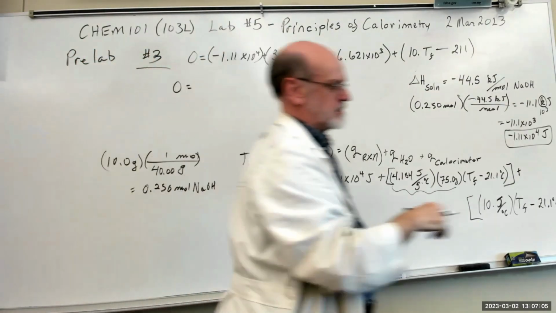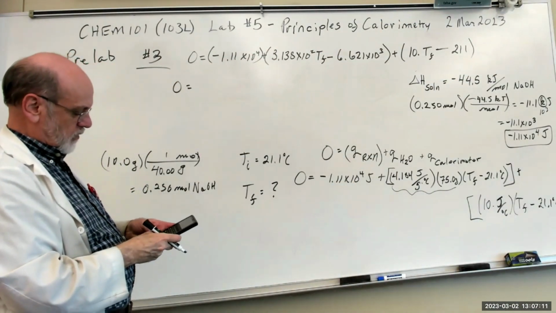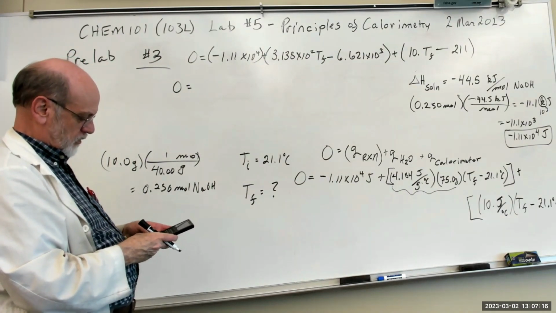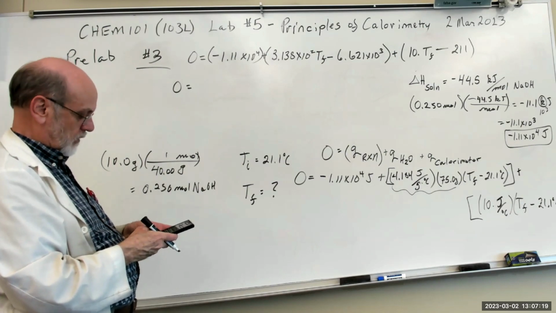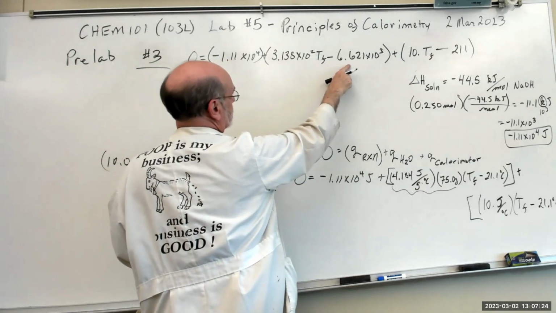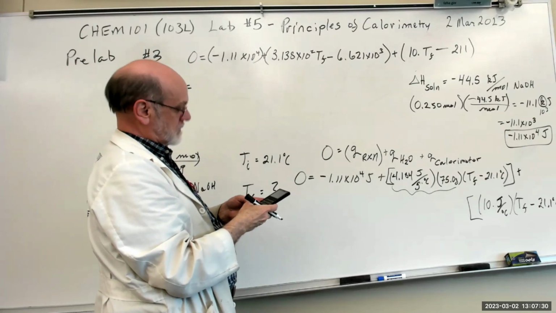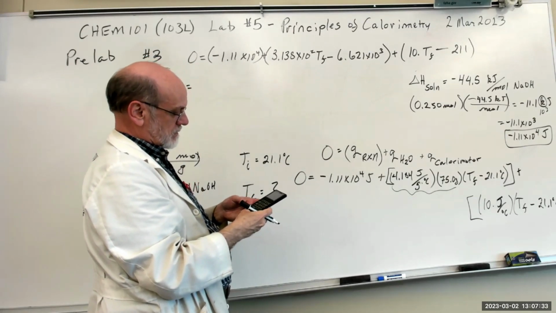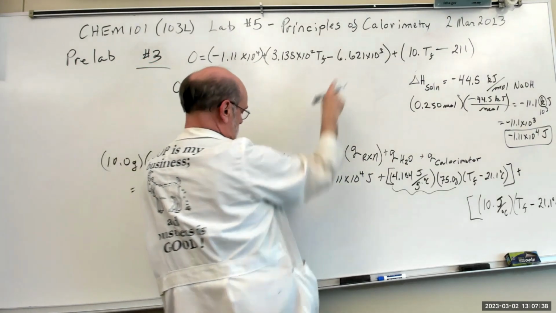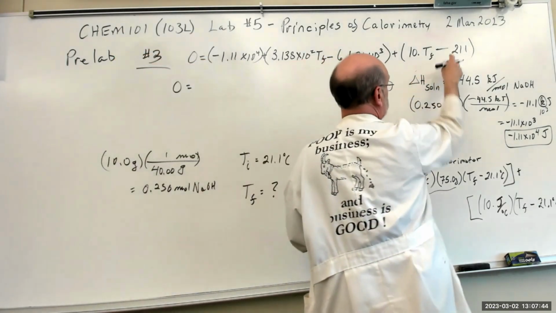So minus 1.11, change the sign, exponent 4. Then we're going to add to this one, which is another minus 6.62, exponent 3. Okay. So this one plus this one is minus 1.772 times 10 to the 4th, but we've got another one over here, minus 211.